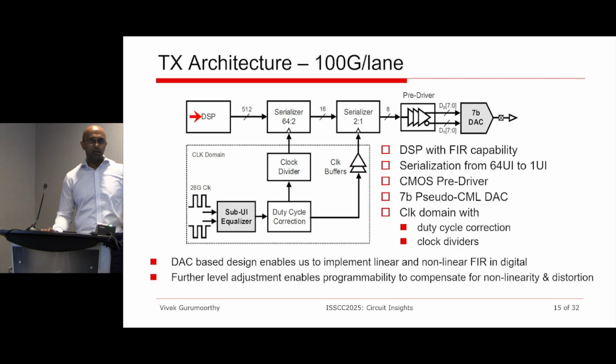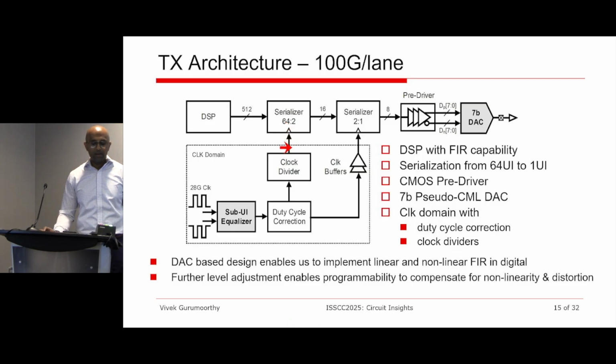The DSP cannot run at the same rate as what you want to transmit outside. If you want 100 gigabits per second, your DSP is not going to run at the same rate. It's going to run at a much slower rate, but it will send me a bunch of data in parallel, which you need to serialize in order to make it fast enough. That is where the serializer comes into the picture.